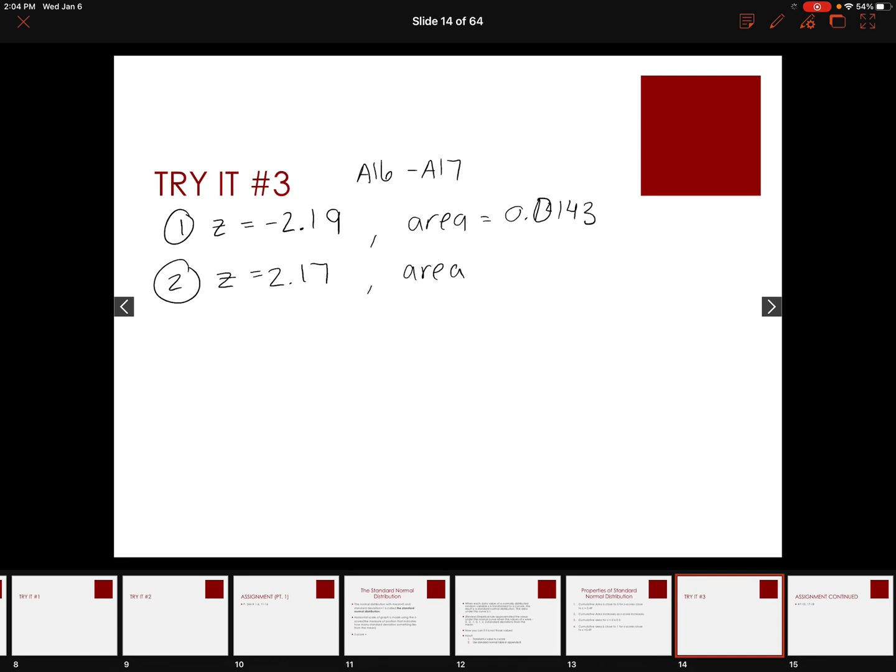Now if we go to positive 2.17, I expect it to be much larger because it's much closer to positive 3. 0.9850. Again, much closer to 1 because my z-score is much closer to 3.